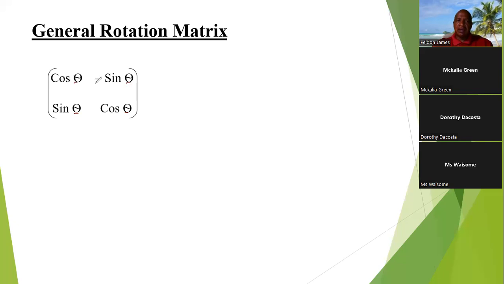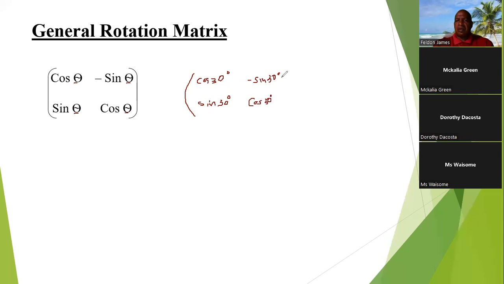So instead of cos theta, minus sine theta, sine theta, cos theta, for a 30 degree angle you would have cos 30 degrees, then minus sine 30 degrees, then down here sine 30 degrees, and over here cos 30 degrees.